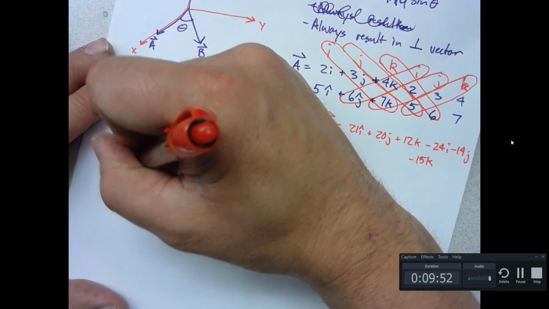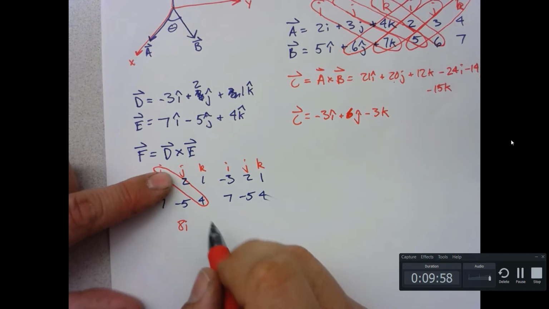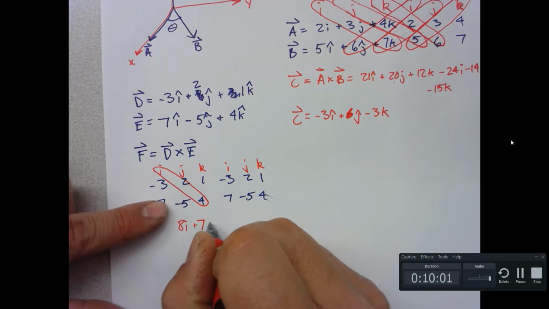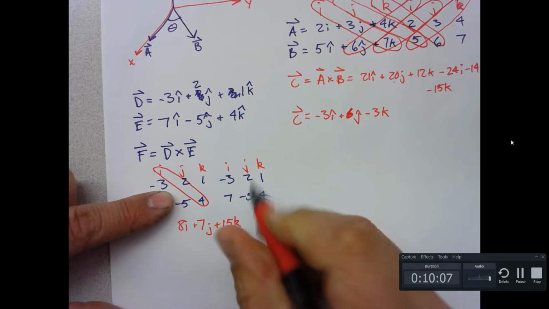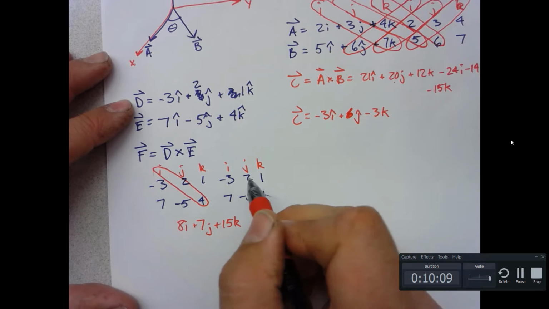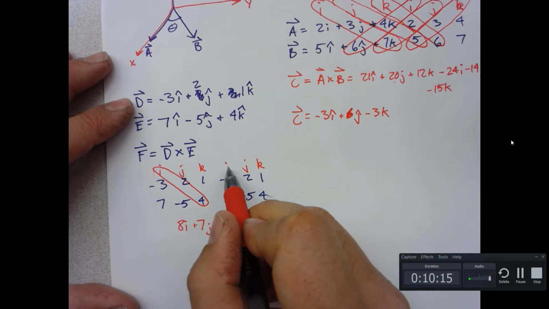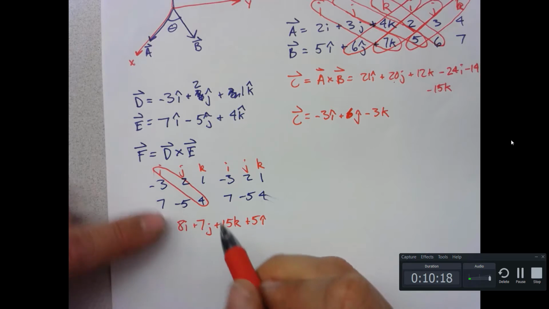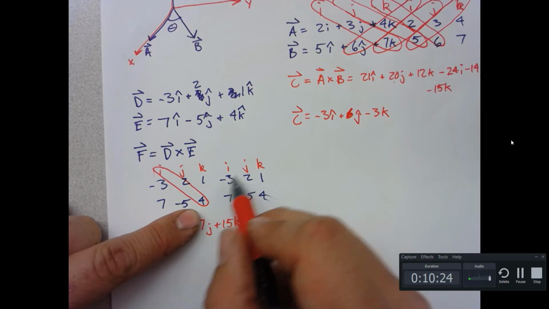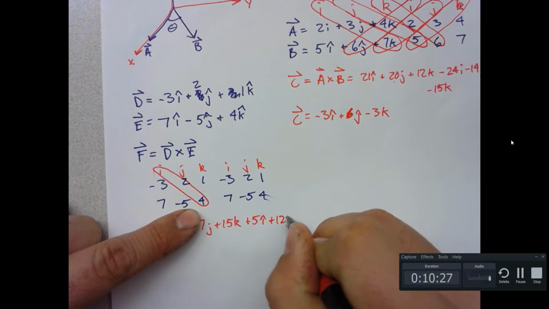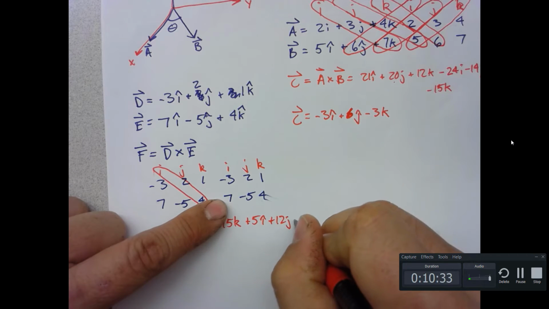First, we'll have 8i plus 7j plus 15k. Then we'll have minus, negative 5 plus 5i, right? Because it'd be negative i times negative 5, which would give me plus 5i. Plus 12j, right? Negative j times negative 3 would be 3j times 4 is 12. And then negative 14k.